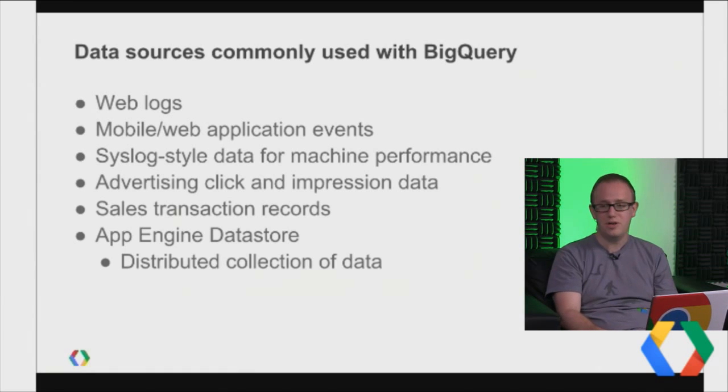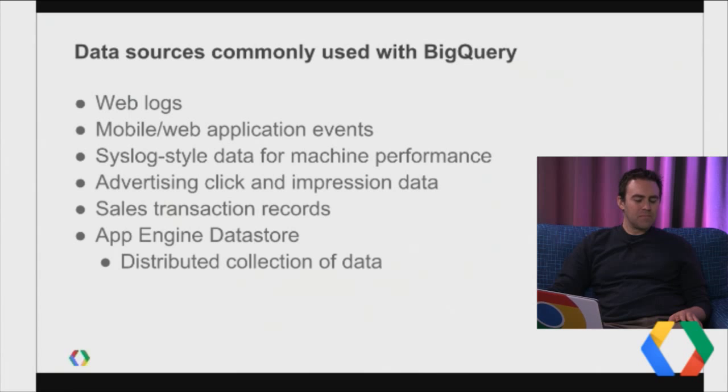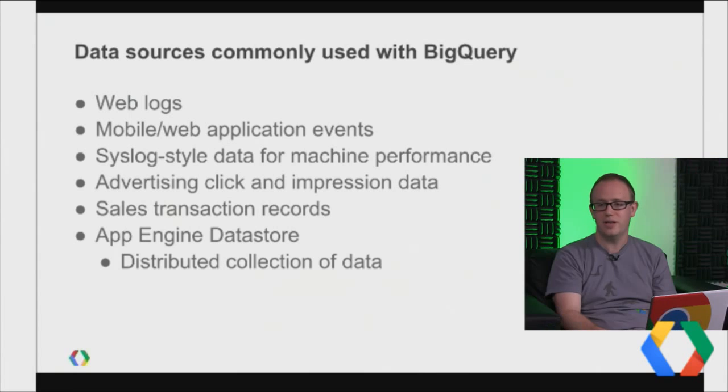And I'm not sure what particular data they're running, but web application events and mobile application events is a really great type of data to load into BigQuery and analyze with BigQuery. And you can also often get lots of traffic on the initial day. You launch on the Play Store, and you can potentially get a lot of customers immediately, and you want to be able to track how they're using your product and use that information to improve the application that you're offering.